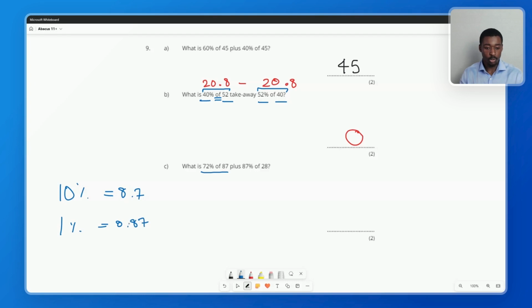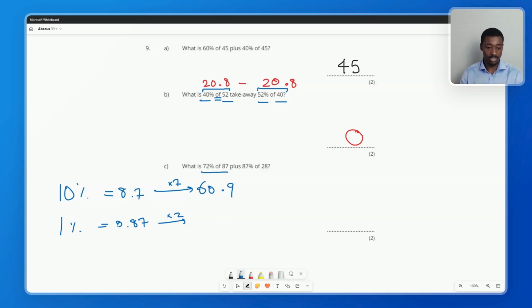So to get 72%, we multiply this by 7, and we multiply this by 2. So 8.7 times 7, mental maths. 8 times 7 is 56. 0.7 times 7 is 4.9. So 56 plus 4.9 is 60.9.